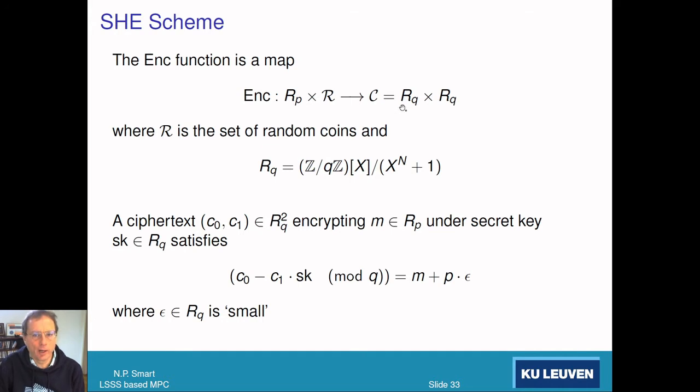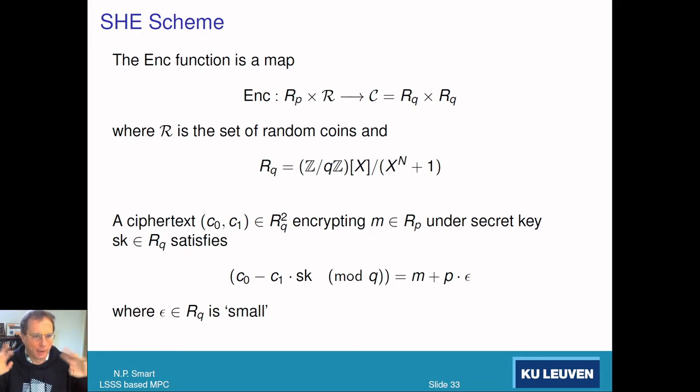You don't have to worry about encryption, but what an encryption actually looks like is that, if you have a secret key, the two elements C0 and C1 satisfy C0 minus C1 times the secret key, mod Q, equals M plus P times epsilon, where epsilon is small.